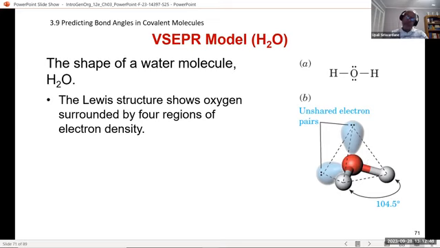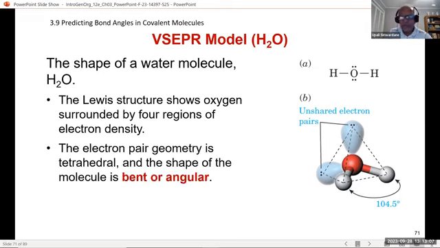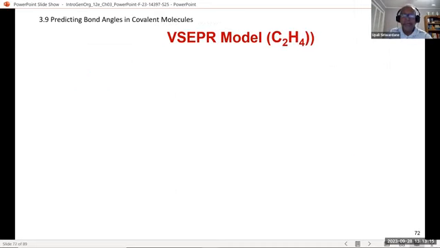Because the lone pairs have greater concentration of electronic charge on the atom, they repel more. Therefore, the 2 bonding electron pairs are reduced from 109 in the tetrahedral arrangement to 104. We talked about that.